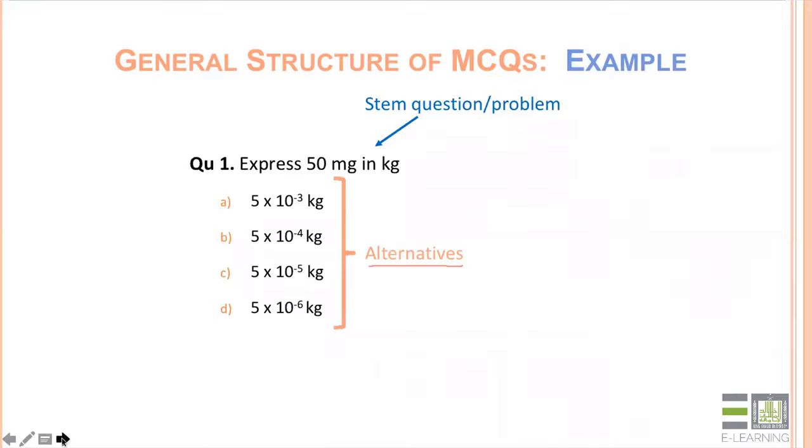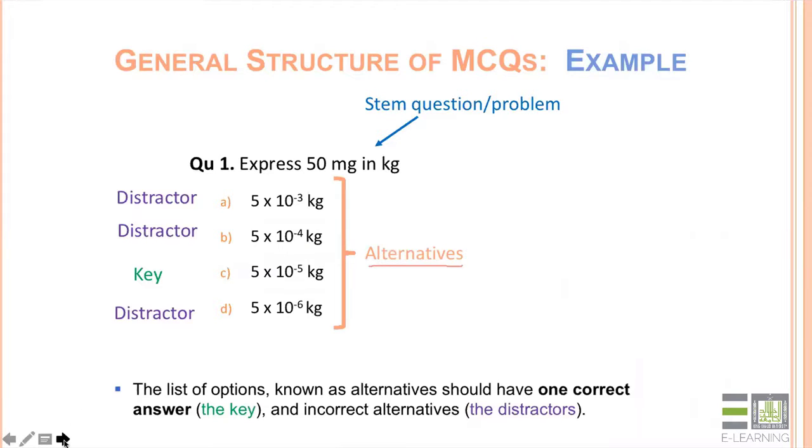Within the list of alternatives, you would usually have the key answer, and then the list of distractors as well. And the list of options should have one correct answer only. But if you notice, the distractors are also plausible answers, even though they are incorrect.